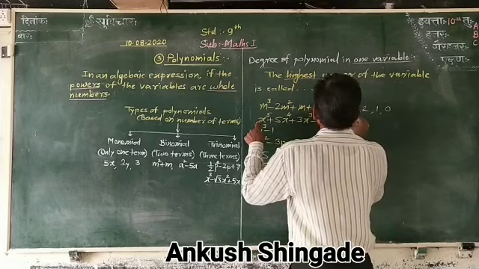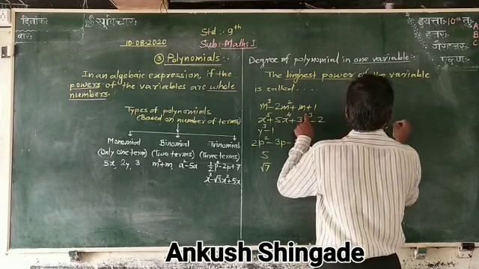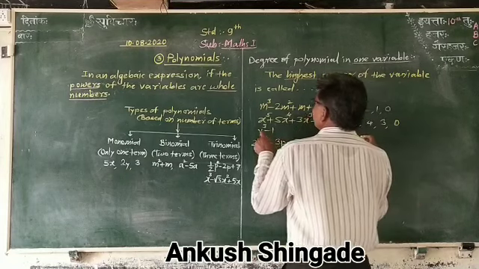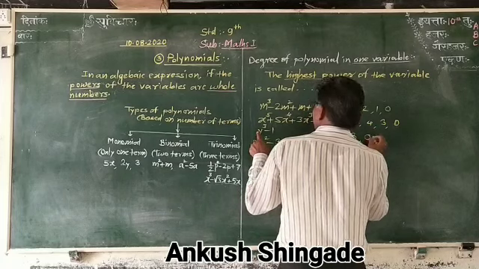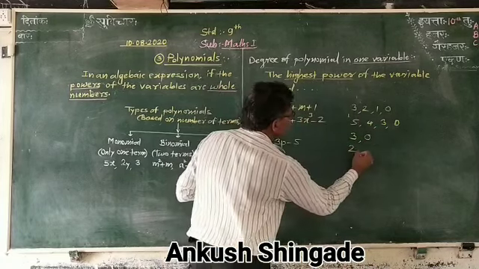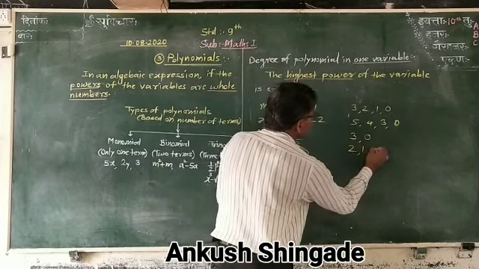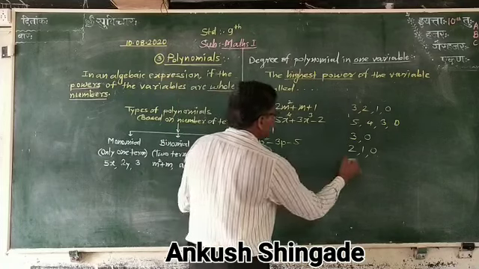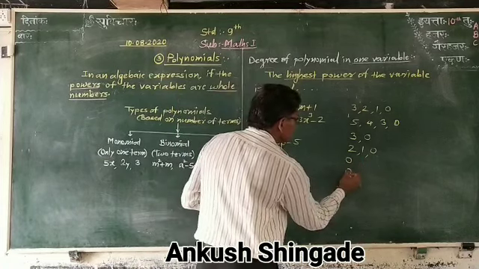Here 5, 4, 3 and 0. Here powers are 3 and 0. Here powers are 2, 1 and 0. Here powers of these examples are 0 both.